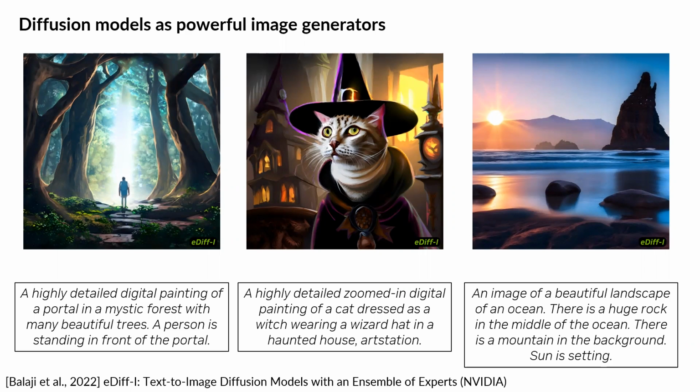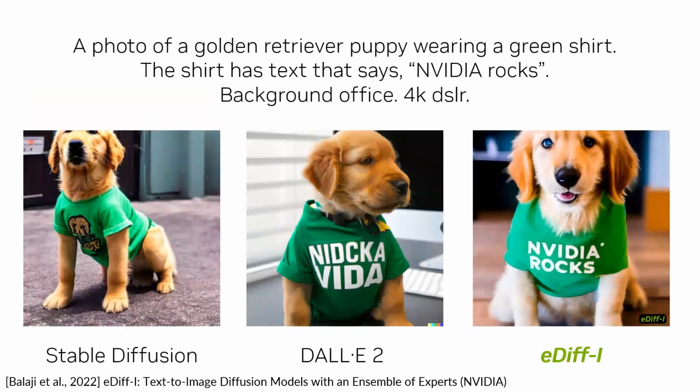So for example, you can see in here, there are several images with very detailed text descriptions, and these are all powered by a diffusion model to generate images of various levels of detail.